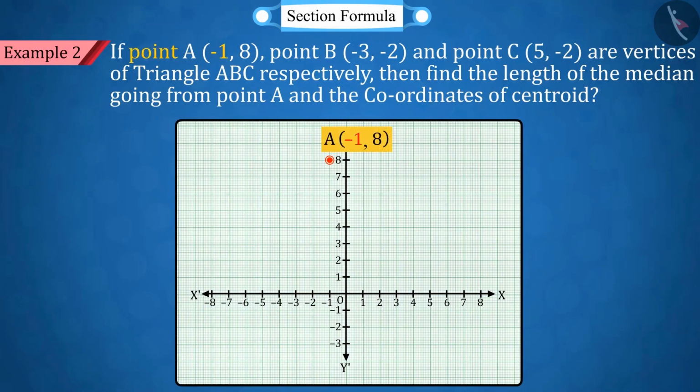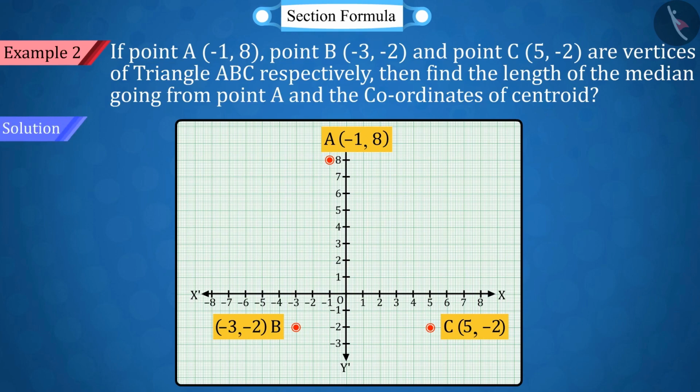If point A (-1, 8), point B (-3, -2), point C (5, -2) are the vertices of triangle ABC respectively, then can you find the length of the median going from point A and the coordinates of the centroid?